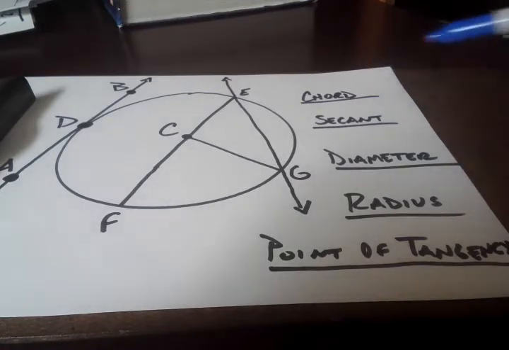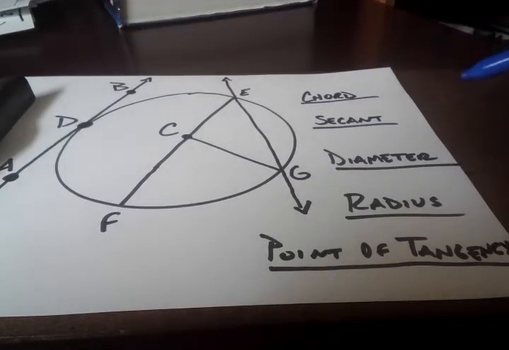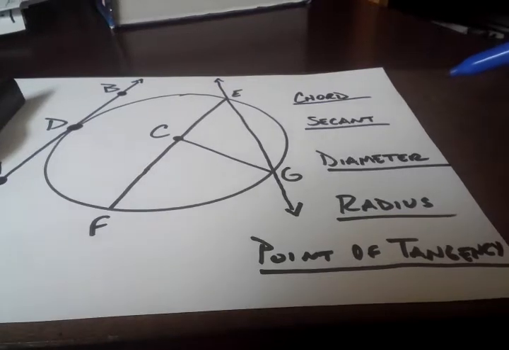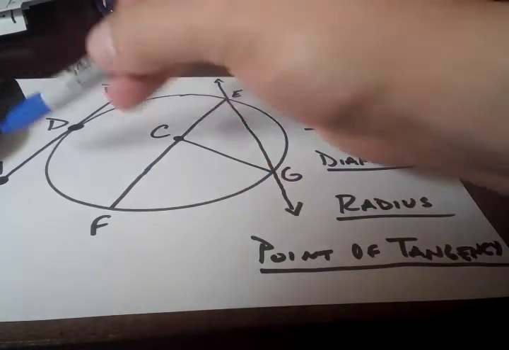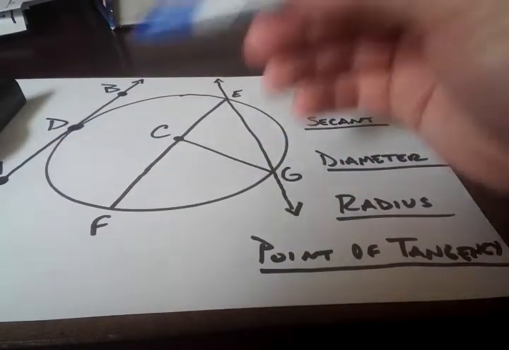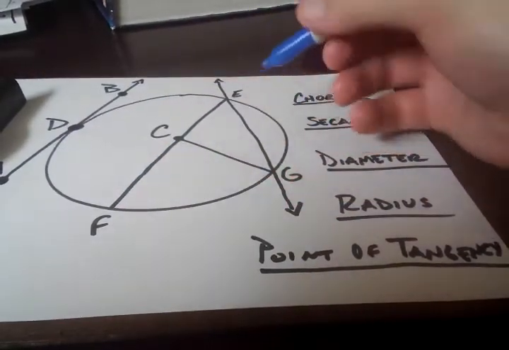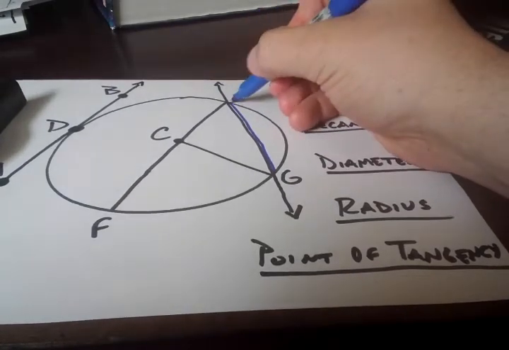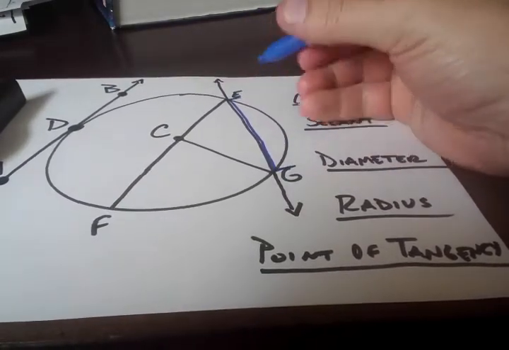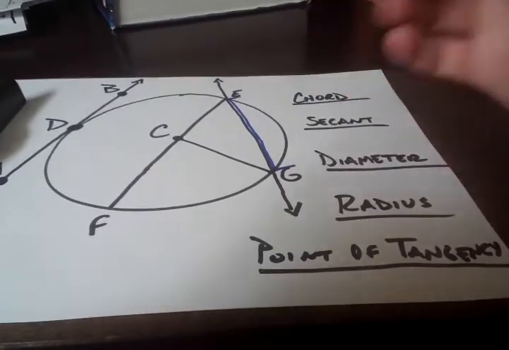Okay, so let's look for a chord. Remember, a chord is touching the circle twice, but it ends. It doesn't continue. I think there's only one option in here for a chord. There's actually 2. We could talk about this one, but let's look right here at E, G. Starting at E, stopping at G. Touches the circle once, twice.